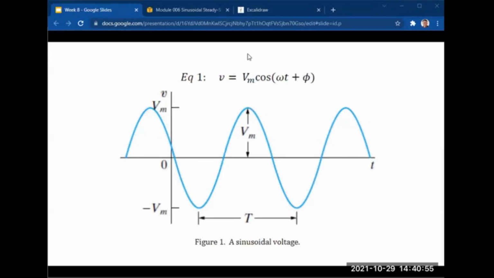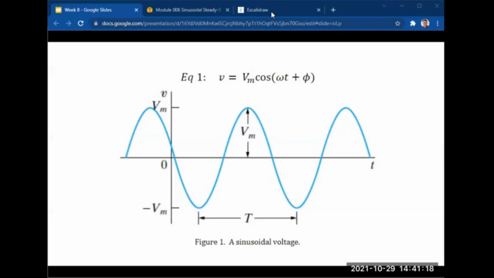We will discuss each component in our working equation for a sinusoidal source. This is a sinusoidal voltage, from the word sine, so this is a sine or cosine function.